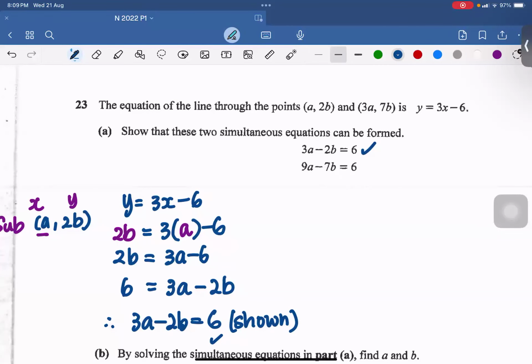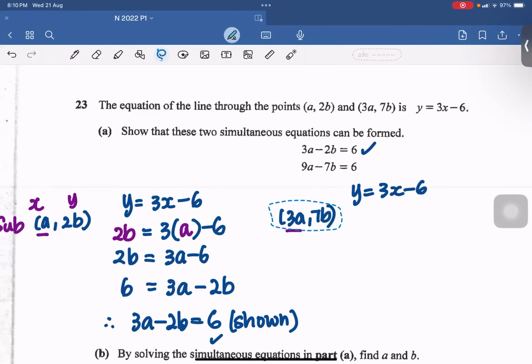My second point over here is 3a comma 7b. So I have my equation y equals to 3x minus 6. My second point is 3a comma 7b. What is 3a? This is the value for which one? X. Correct. So this is the value for x. Then what is 7b? 7b is the value for y.